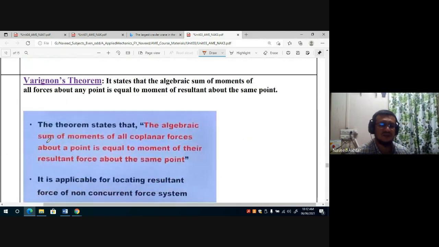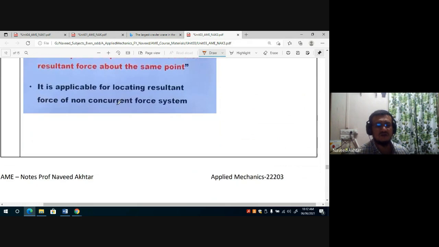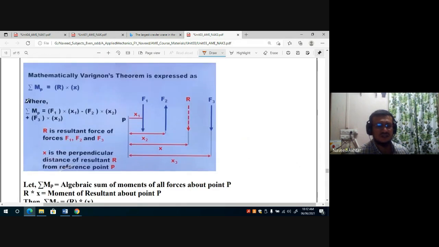Then you have seen Varignon's theorem, that is, the algebraic sum of moments of all forces about any point is equal to the moment of the resultant of all the forces. So here we can see the summation of MP, the moments of all the forces, is equal to the resultant into the distance about some point. Here the point P is there. From P, if you take the moments of F1, F2, F3, that will be Varignon's theorem.